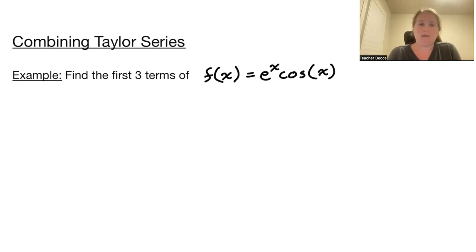So in our first example, let's find the first three terms of f of x equals e to the x times cosine of x.